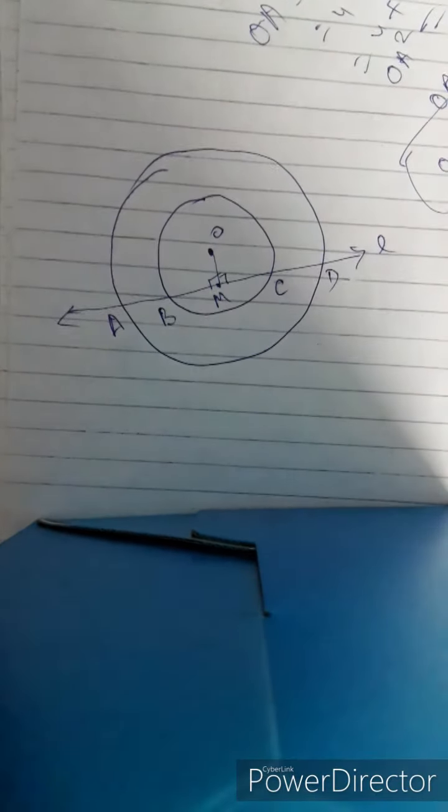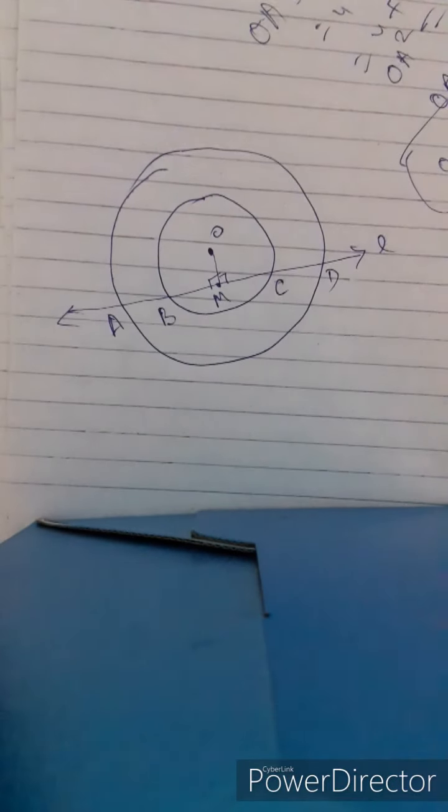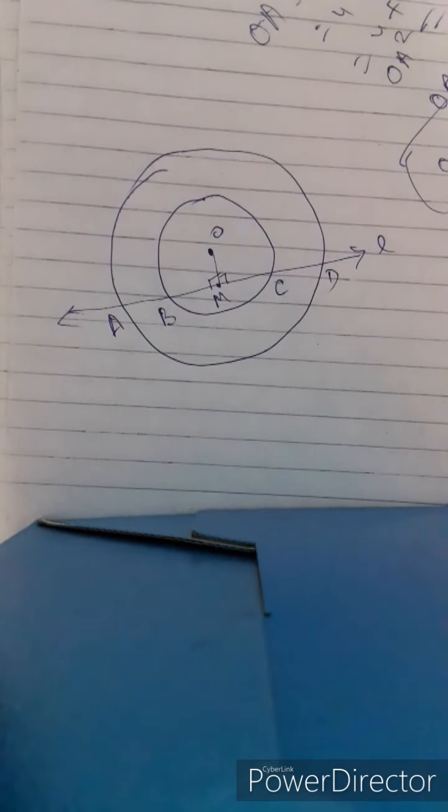We have to prove that two concentric circles intercept equal portions on any straight line that cuts them. I'll explain in simple terms.